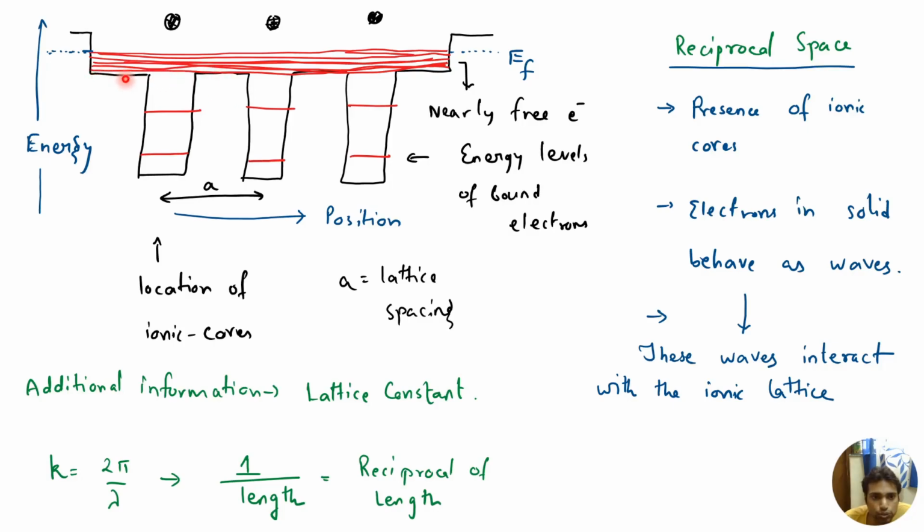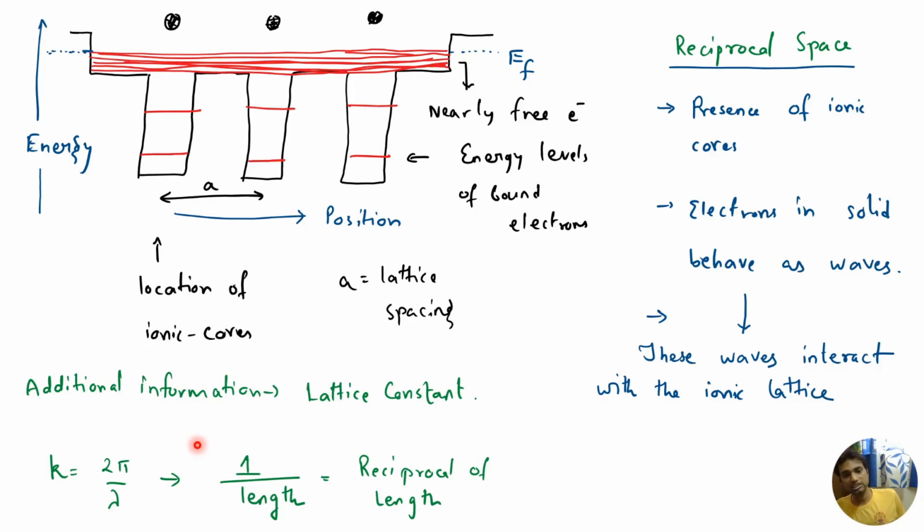And electrons which are in the metal but outside of these ionic cores, I mean these are the valence electrons, they are free and they can move all around in the material. So those electrons are called nearly free electrons. Okay, and the electrons which can exit the metal, they are called the actual free electrons. So now what we have here is a real space depiction of the ionic system, of the ionic cores.